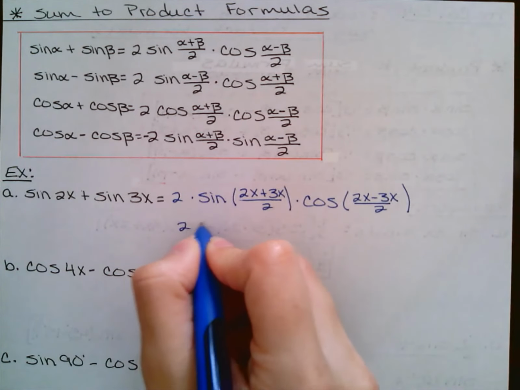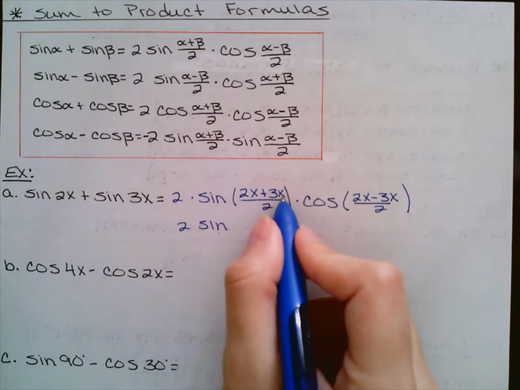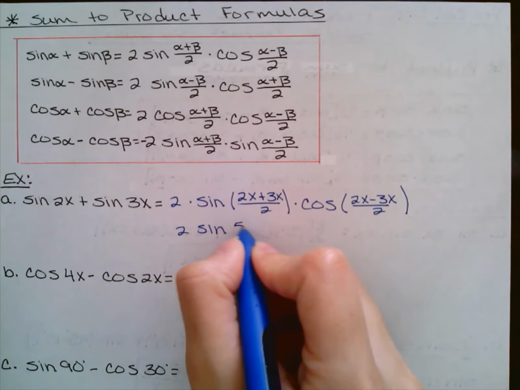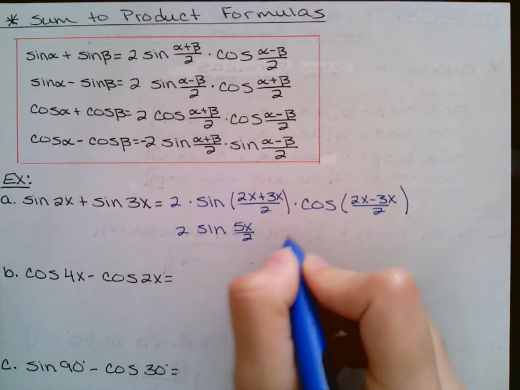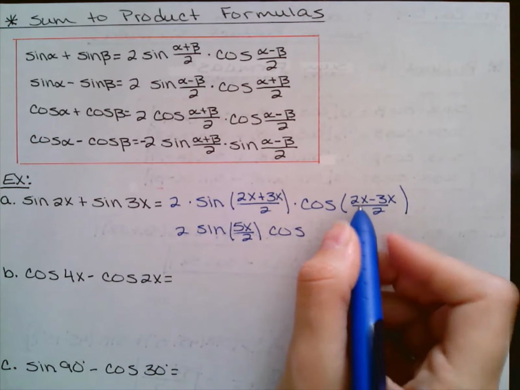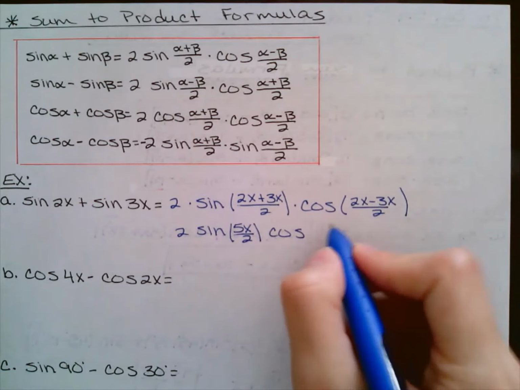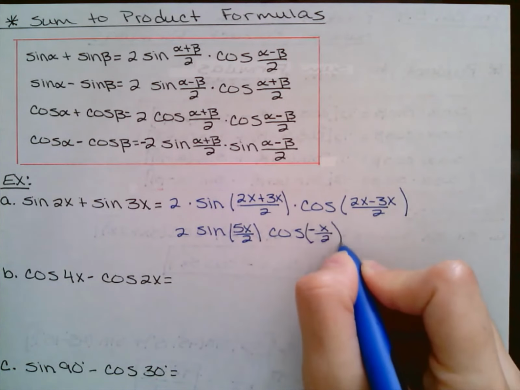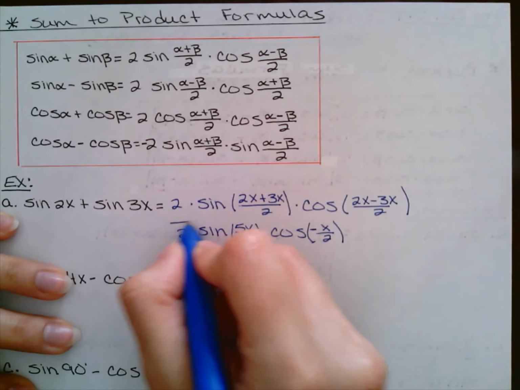We have 2 times sine of 2 plus 3 is 5, so 5x over 2, times cosine. 2 minus 3 is a negative 1, so negative x over 2. All right, and that's the most we can clean that one.